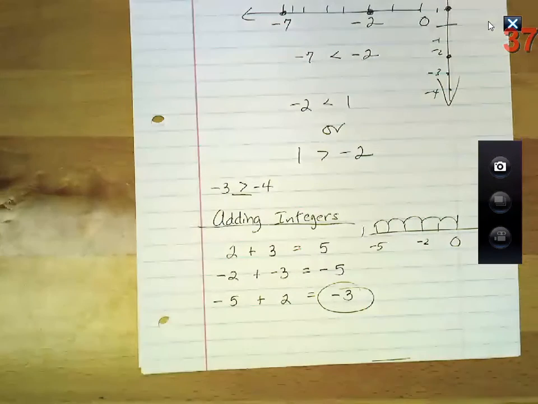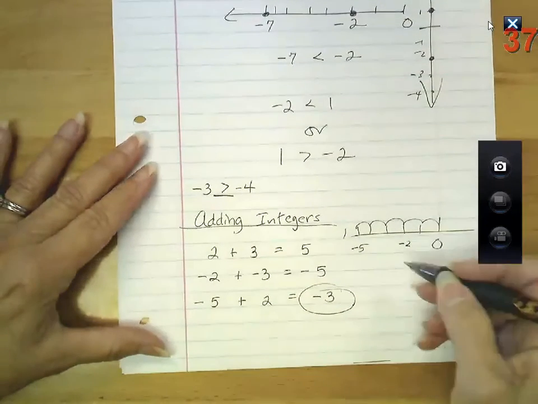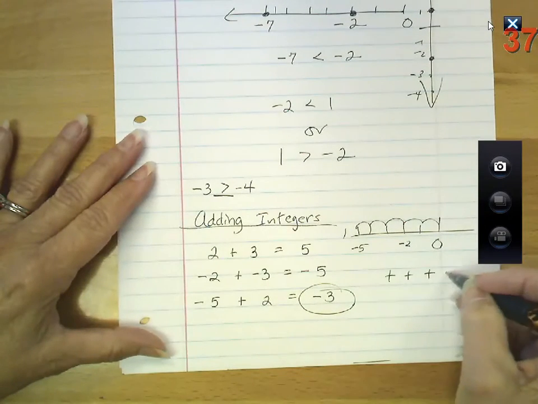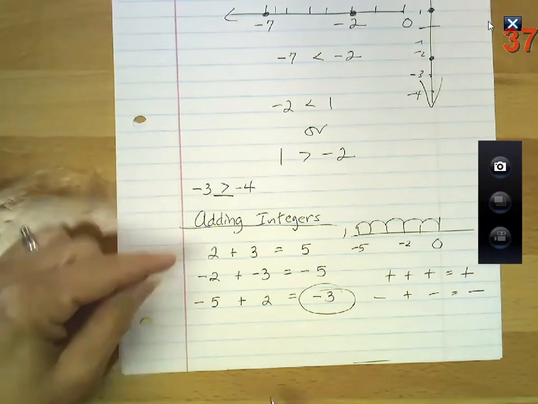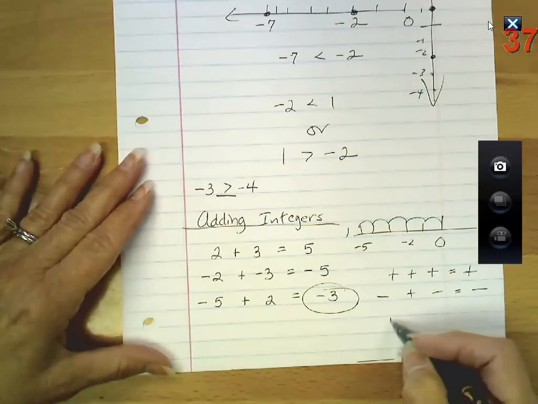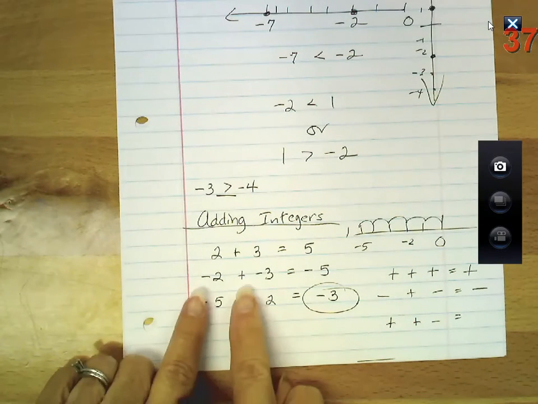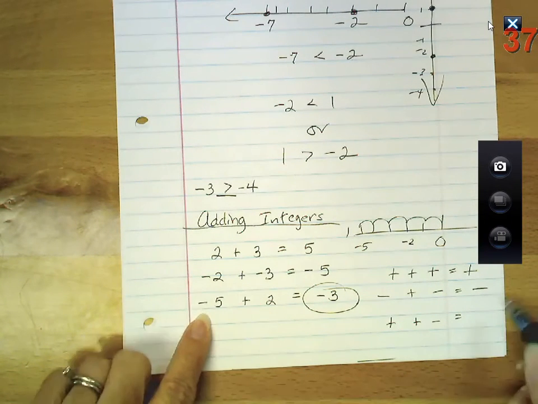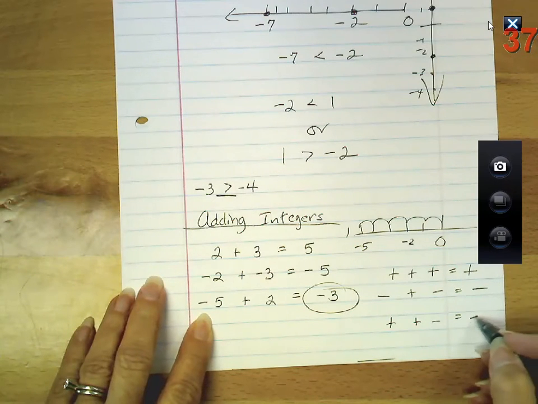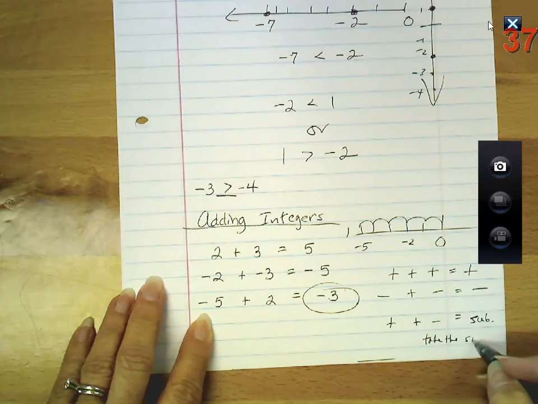Yeah, right. Okay, but anyway, so there are rules for these. If you're adding integers, a positive number plus a positive number is a positive. A negative plus a negative is a negative. That's like these first two. But if you have a positive plus a negative, one of the things that you do is just cover up the signs and subtract them. You get a 3. Take the sign of the bigger number, so it's a negative 3. Okay, you subtract and take the sign of the larger number.